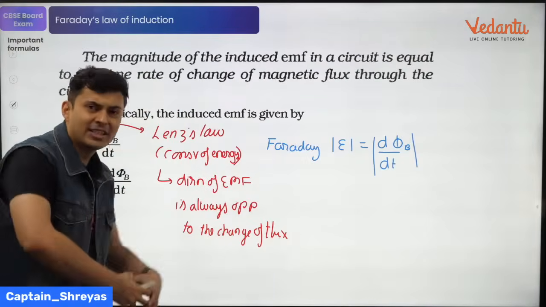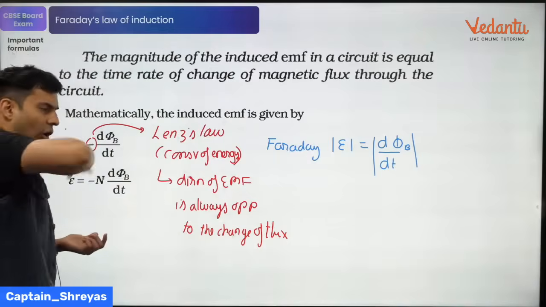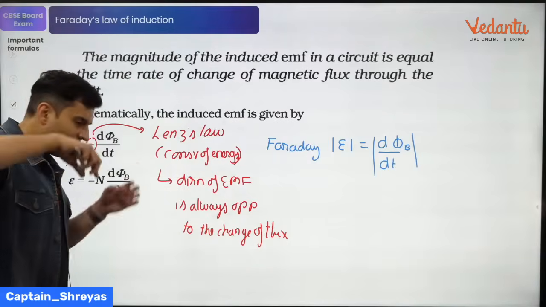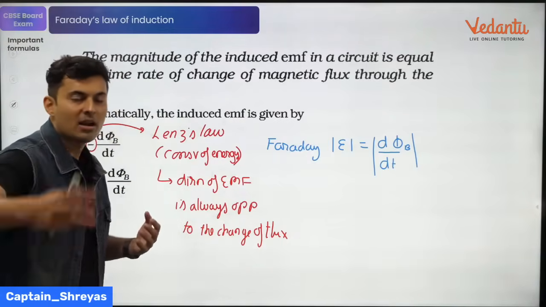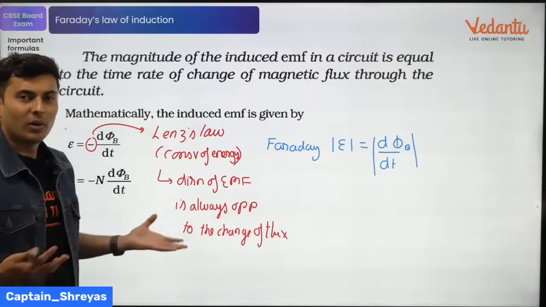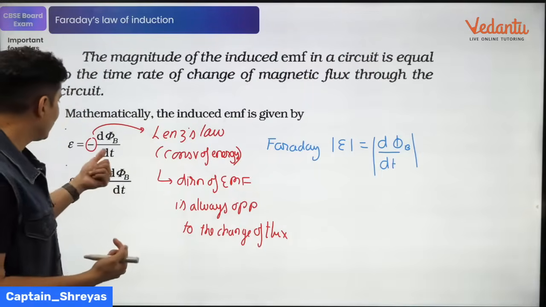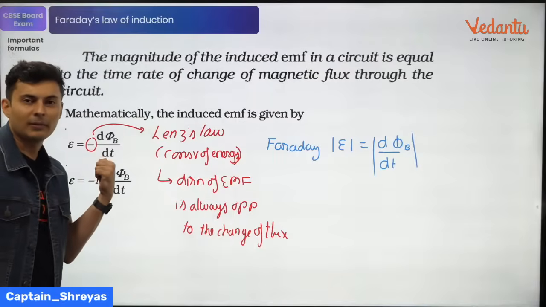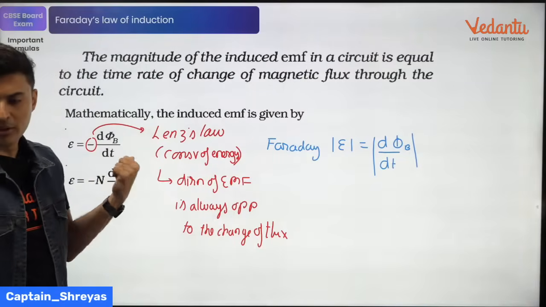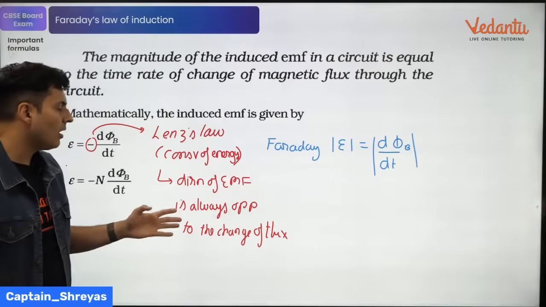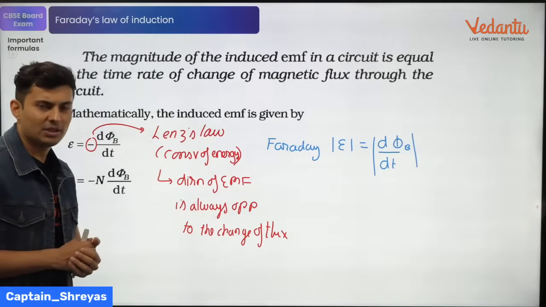So if flux is trying to increase, EMF will be on the other side. If flux is trying to decrease, the EMF will be on the other side again. So it's always opposite. That's why you put the minus sign over here. So why has that minus sign come? Because of Lenz's law, which is based on the principle of conservation of energy.